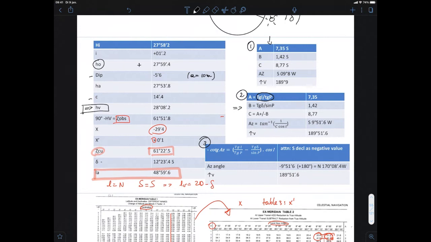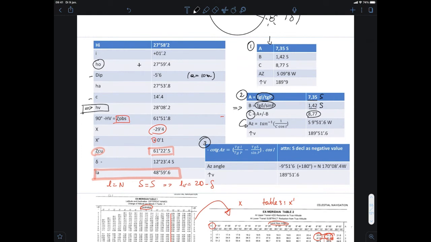And you can calculate the tangent of the latitude divided by the tangent of your polar angle. This gives you 735. You can calculate B, which gives you 142. And so, voilà, now the only thing that you need to do is to determine the signs here. They are both south. So this means that you have to add A plus B in order to obtain C. And then if you put C in this formula, then you get an azimuth, which is south 9 degrees 51.6 west.